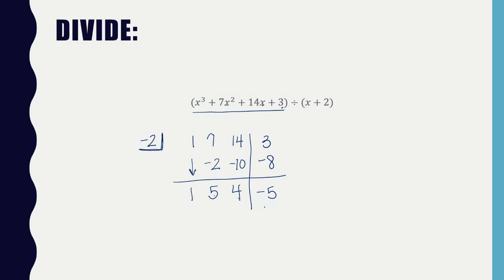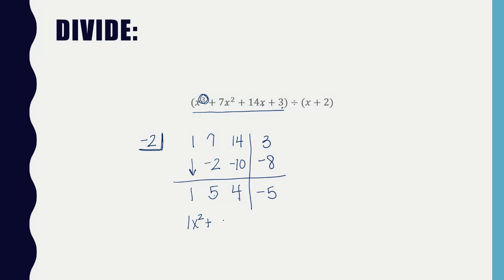Remember, what's back here is my remainder. This front part, the 1, the 5, the 4, that's my answer, but it's going to be 1 degree less than what I started with. So since I started with an x cubed, my answer is going to be 1x squared. No, you do not have to write the 1. It's not wrong if you do. It's not wrong if you don't.